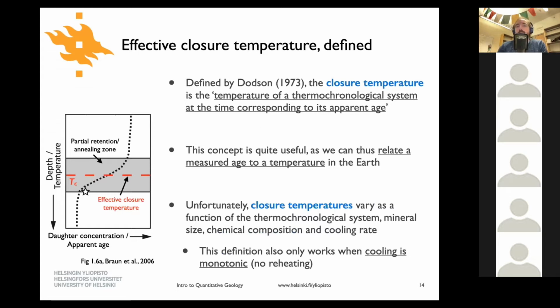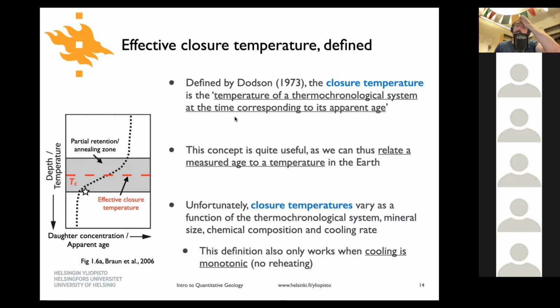Now, the idea that we're going to talk about in the exercise today, and for most of the rest of the slides that we're going to go through here, is this concept called a closure temperature. And the definition that's given here is up at the top of the slide. It's the temperature of a thermochronological system at the time corresponding to its apparent age.